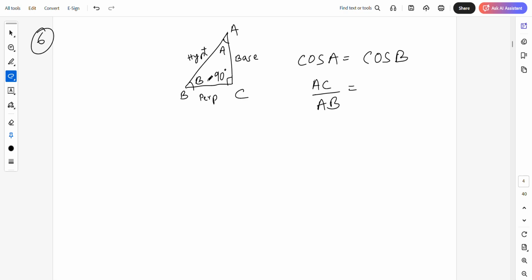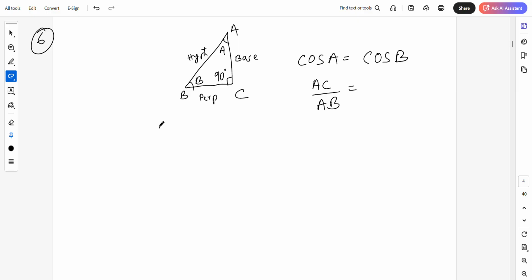Now cos B, what is cos B? Base by hypotenuse. Base is which one? For angle A, I have written this is perpendicular, this is base, this is hypotenuse.